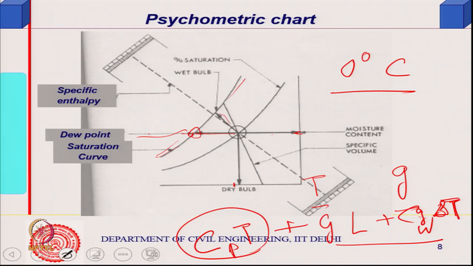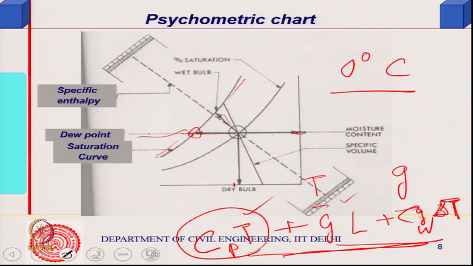So, this is the specific heat. I am not sure this is the notation I am using later on, but just to explain it right now, appropriate notation we will use later on. So, you see this specific enthalpy is a function of temperature and moisture content only.